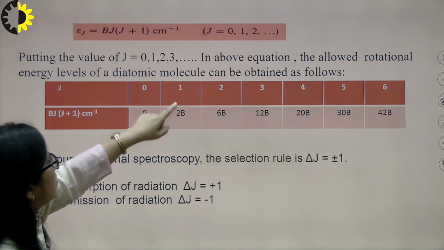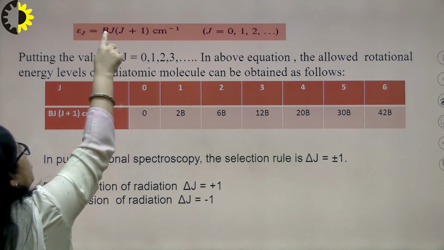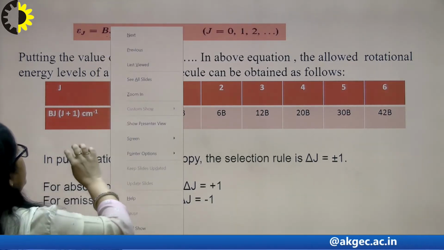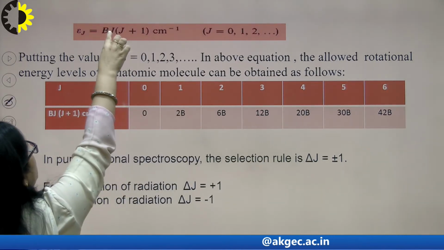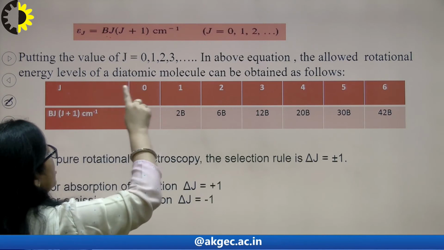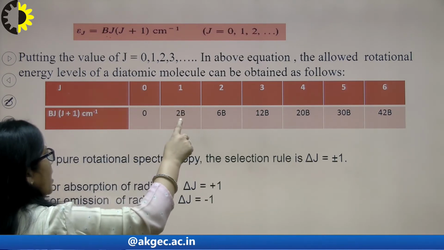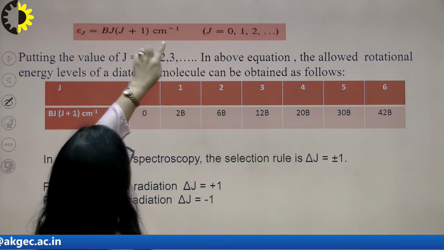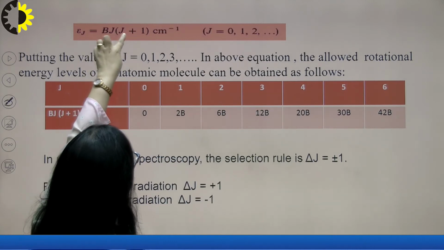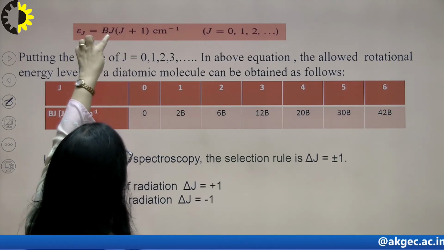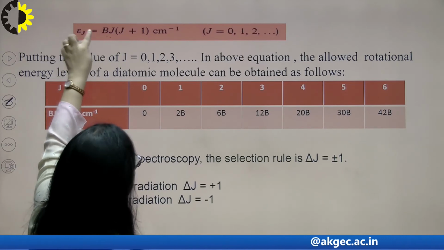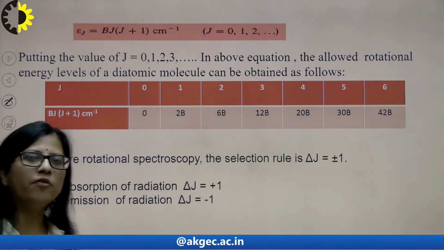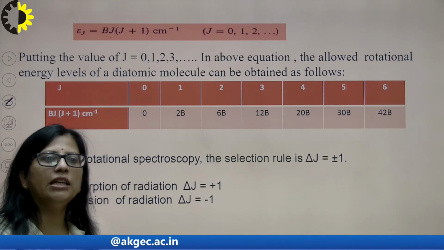If j is 1, then 1 plus 1 is 2, 2 multiplied by 1 is 2, into B. As a result, if my j is 1, my Bj into j plus 1 will become 2B. If I put the value of j as 2, then 2 plus 1 is 3, 3 multiplied by 2 is 6, so my Ej value will come out to be 6B. Similarly, by changing the value of j, we can get different values of Ej.